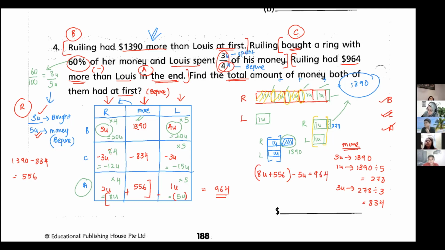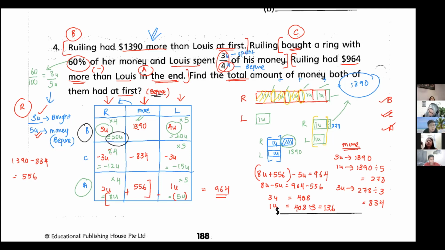Okay, so I can play around with the units first. 964 minus 556. I get 408. This is 3 units. 1 unit is 408 divided by 3 and I get 136. Do I stop there? I don't. I need to know how much money they have at first. Now let's go back to at first, means the before. Okay, I told that before, right?